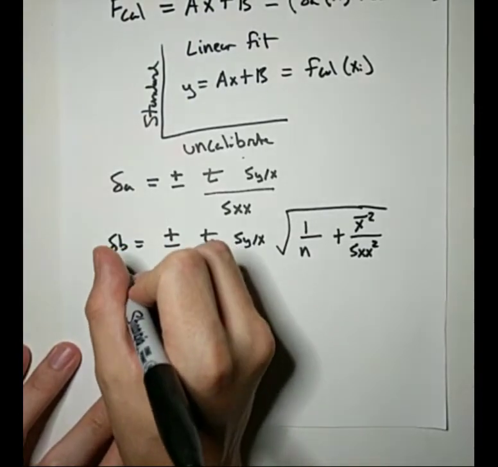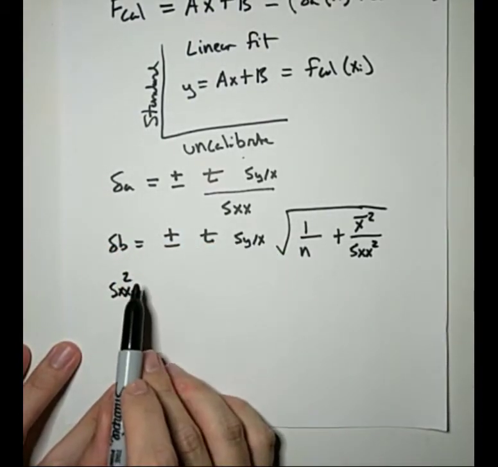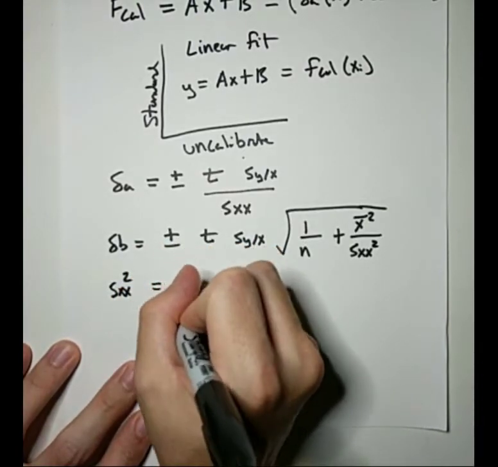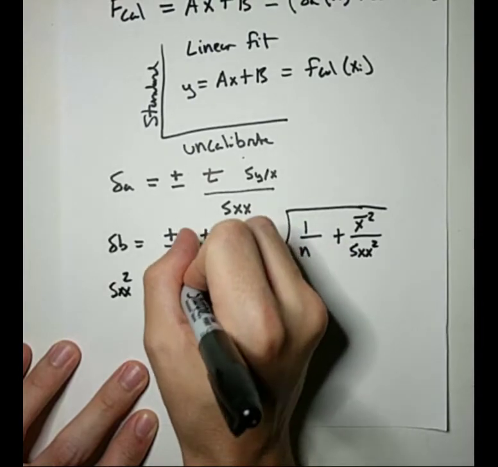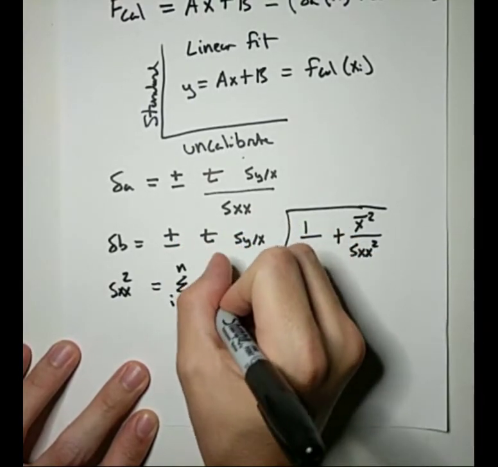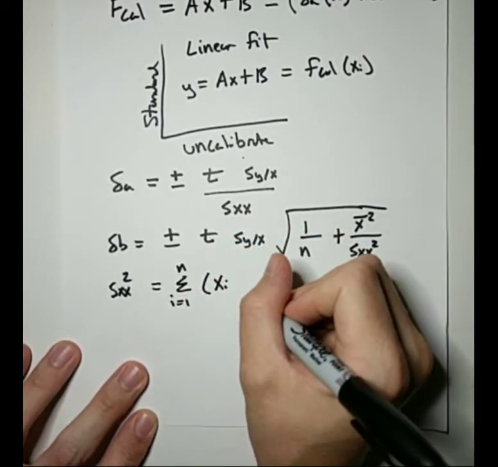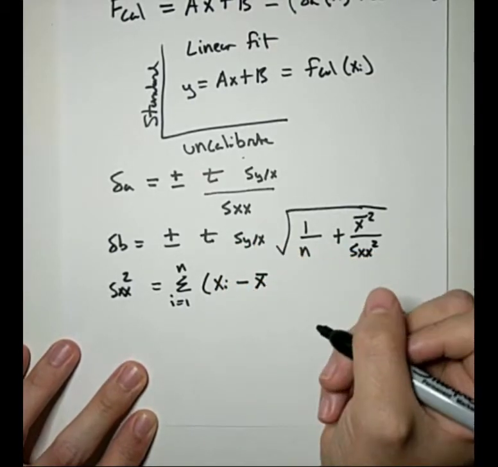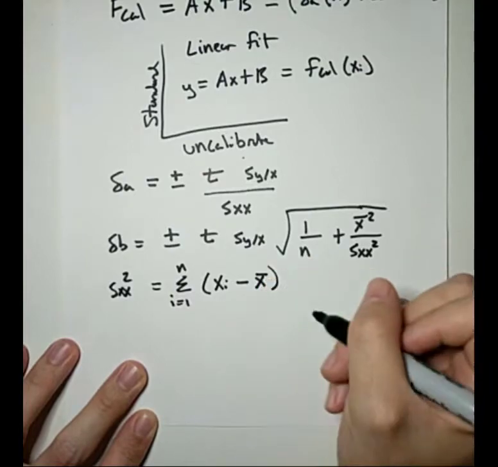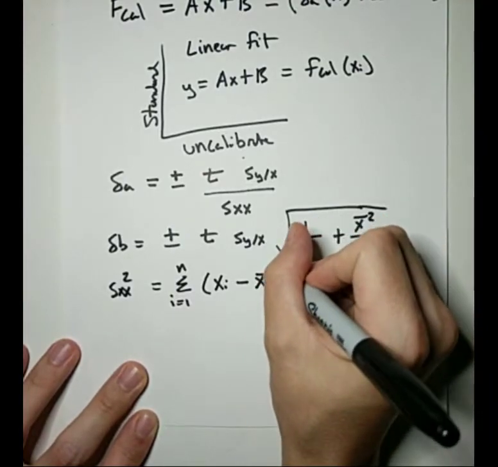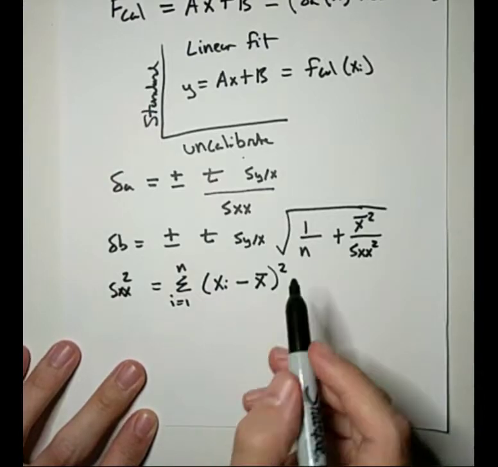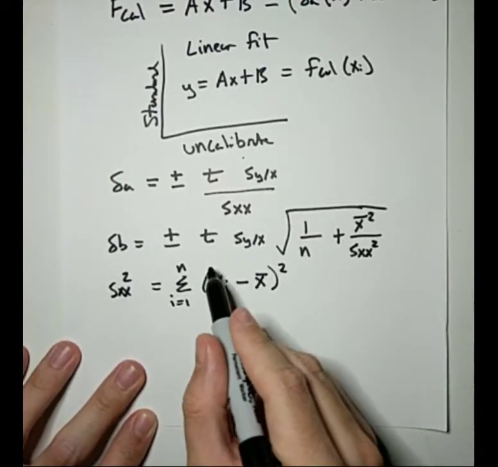So SXX, and note that I'm giving that to you as a square, is the sum of your individual data points, xi, minus your average of your uncalibrated data, squared. It's the sum of this quantity.